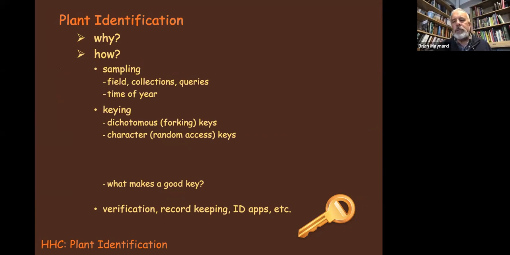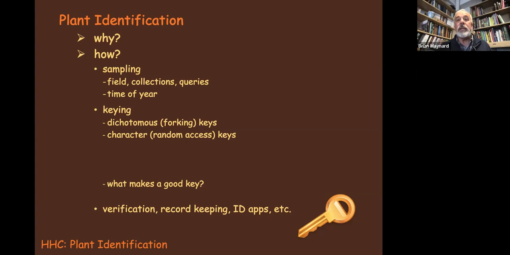Identifying plants is important because as we move through the world as botanists or as horticulturists or gardeners, it's really important to know the plants that we're working with. You've taken other courses in this series on plant pathology or plant pest control, and you understand the importance of knowing the plants that you're working with.